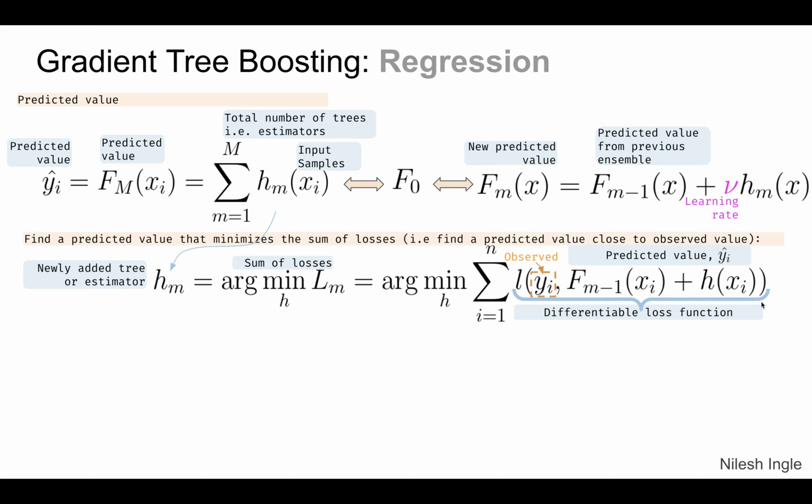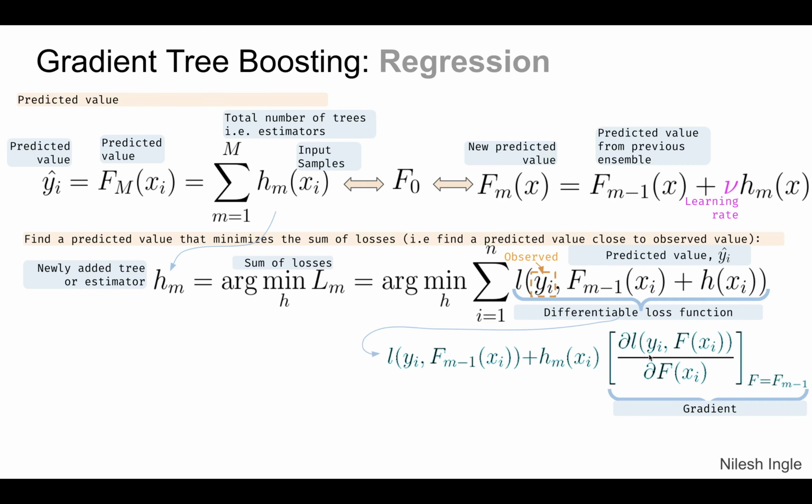And in this particular equation, this is a differentiable loss function that can be written in this form shown here. So we have the partial of L(y_i, f(x_i)) divided by the partial of f(x_i), and that's the gradient.